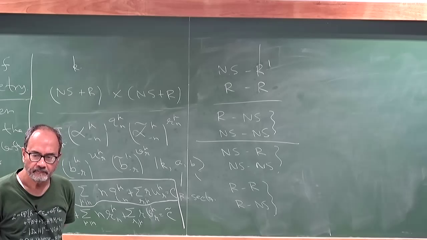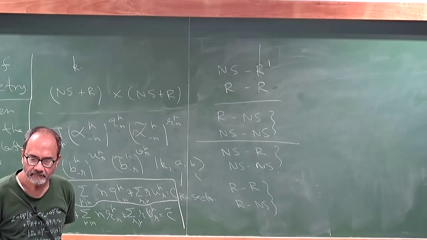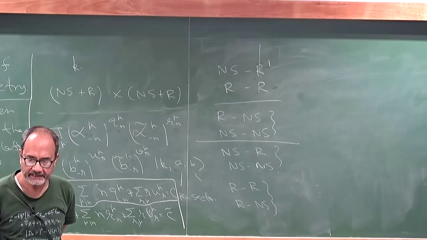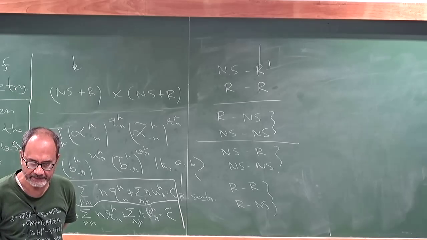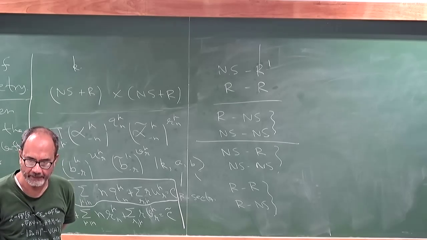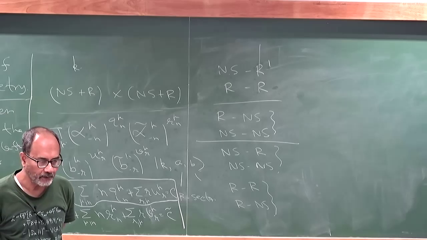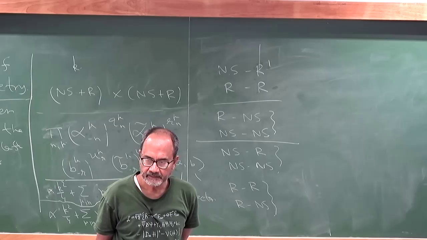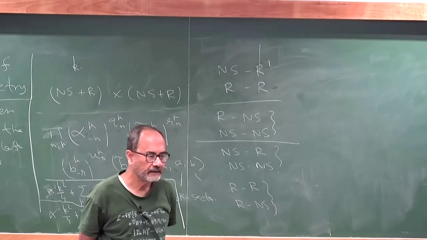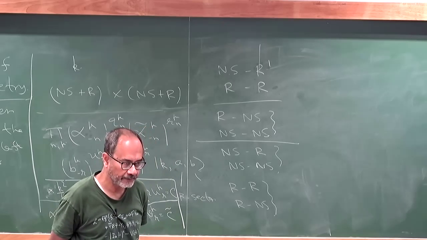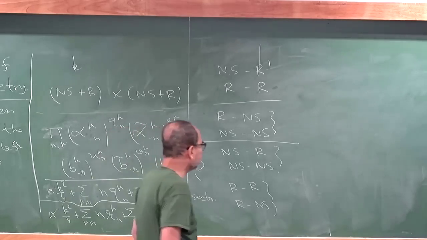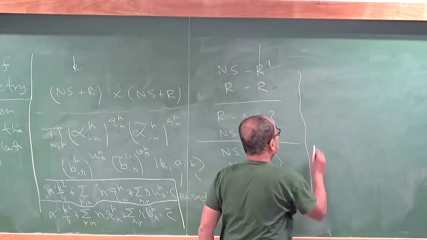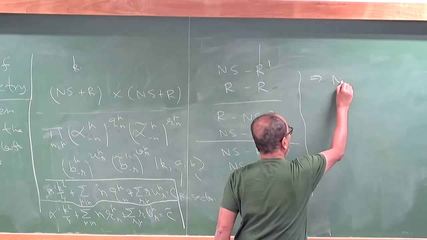At the end of the day, you just want to write a left supersymmetry and right supersymmetry. So this is saying that there are essentially two supersymmetries. One acts on the left, one acts on the right. Two target space supersymmetries. So this is the reason why these are N equal to 2 supersymmetry.